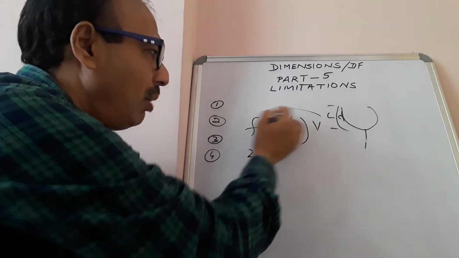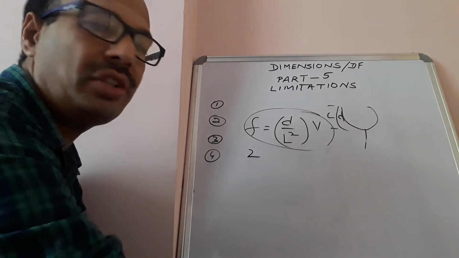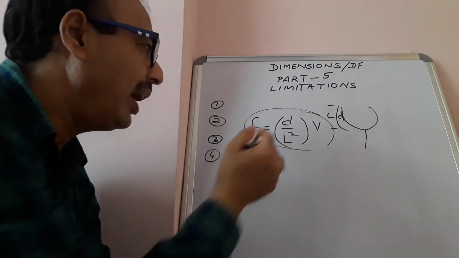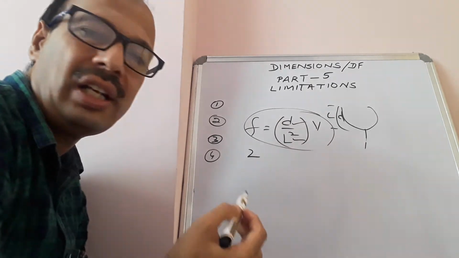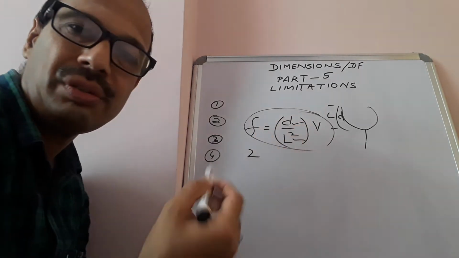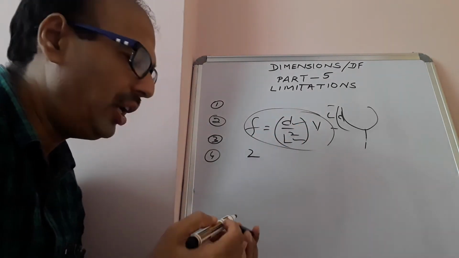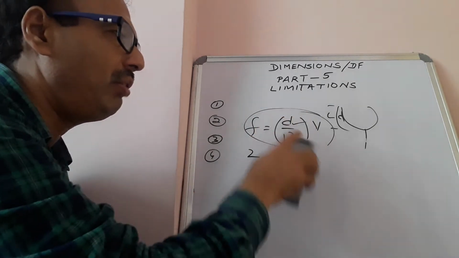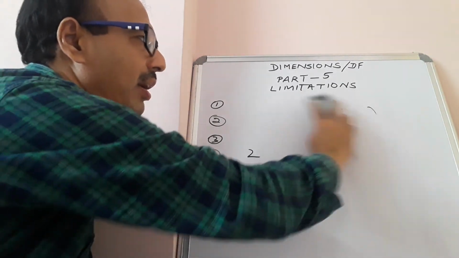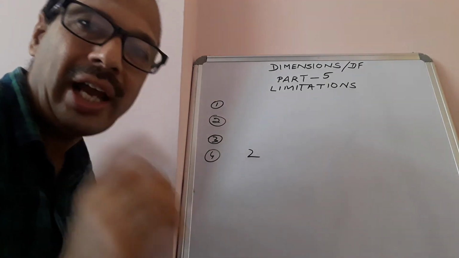So this is the formula for finding the frequency of the tuning fork. In this, the distance L is also distance only, d is also distance only. So both will have the same dimensional formula. So such type of equations cannot be derived by using dimensional analysis.